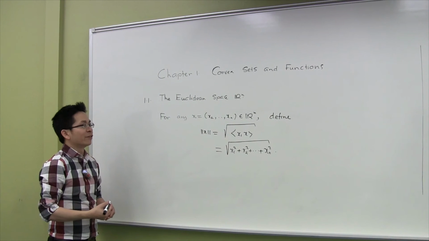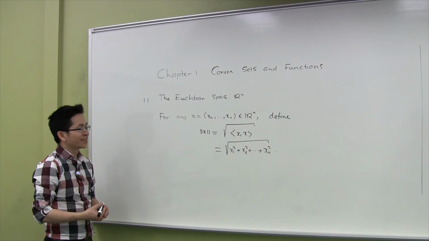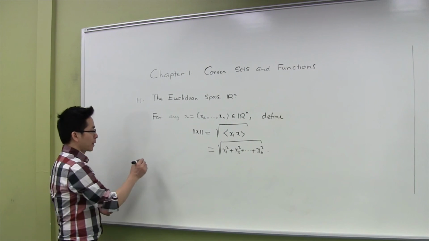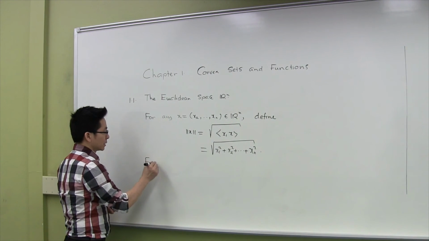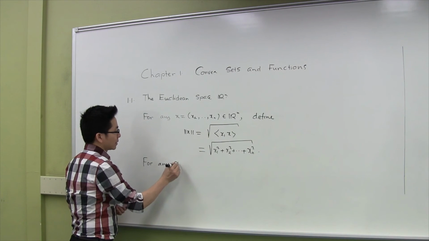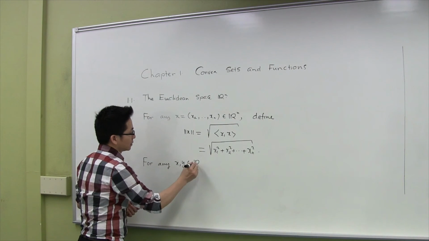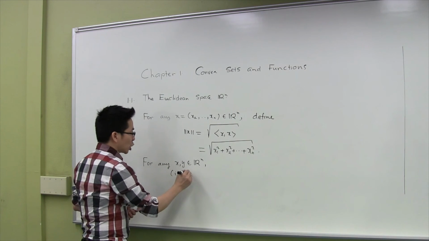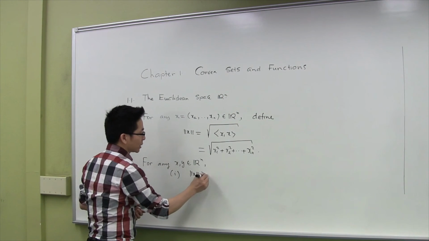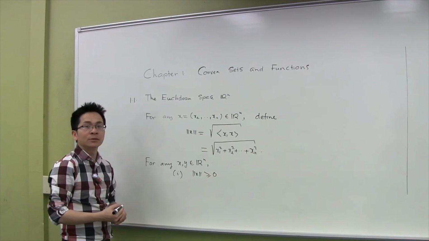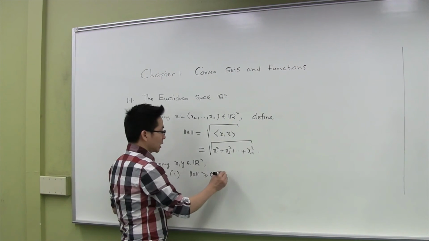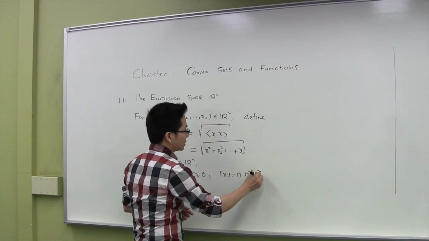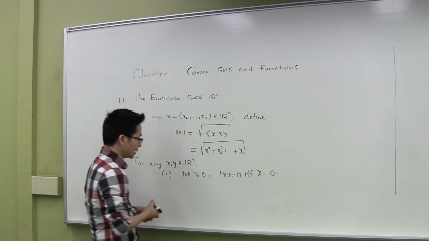Now, based on the definition of the Euclidean norm, we can easily prove the following properties. For any x and y in Rn, the norm of x is always greater than or equal to 0. And norm of x is equal to 0 if and only if x is equal to 0. Okay.